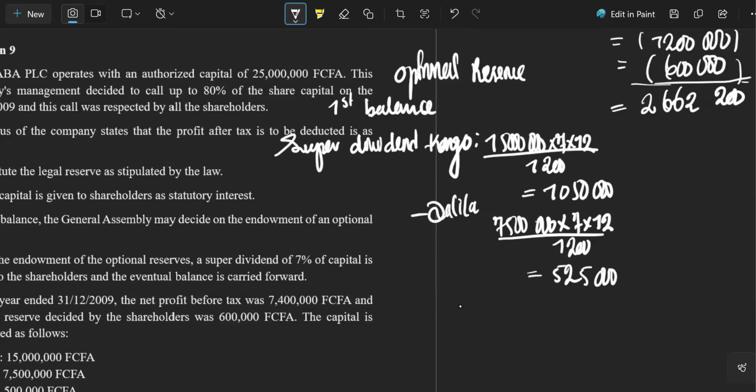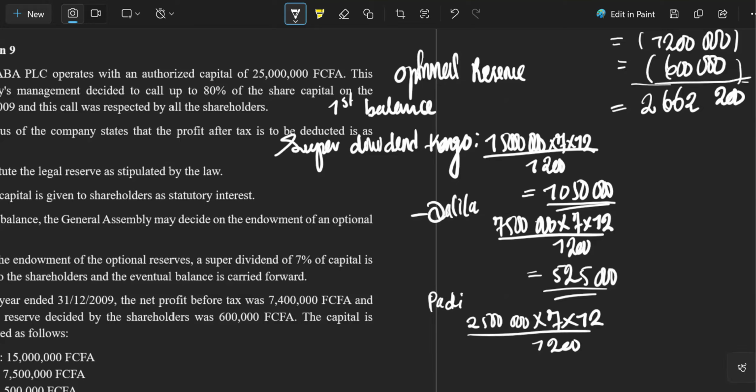Then the third one is Paddy. For Paddy, we take 2.5 million, times 7, times 12, all over 1,200.